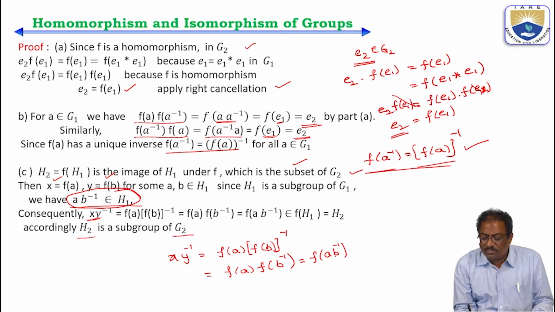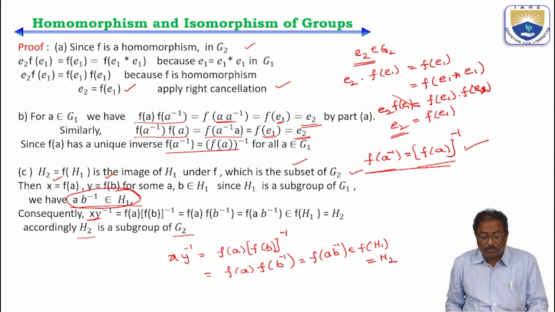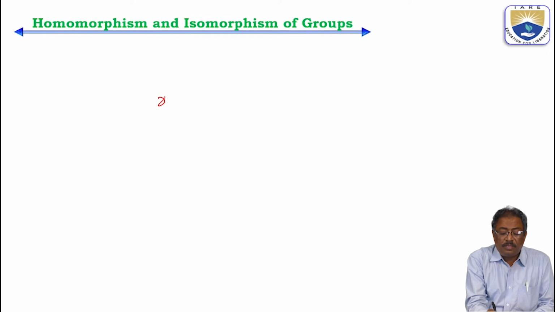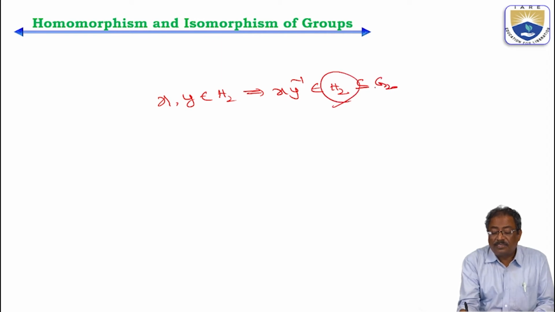So AB inverse belongs to H1, so this belongs to f of H1. That f of H1 we are going to take as H2. Then automatically x, y belong to H2, so XY inverse belongs to H2, and of course H2 is a subset of G2.